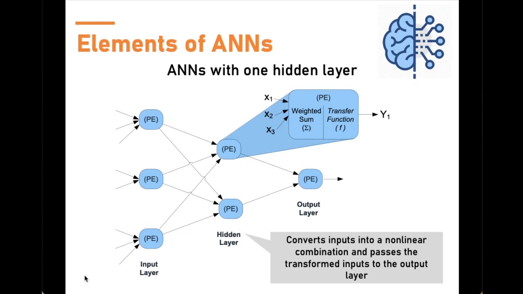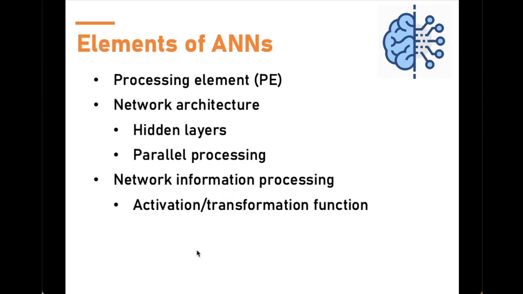Okay, so let's go back one slide. And I need to talk about parallel processing. It's just a simple thing that you should know. In a neural network, processing of information is performed in parallel. So this means that when information is processed, many of the processing elements of the neural network, the neurons, perform their computation at the same time.